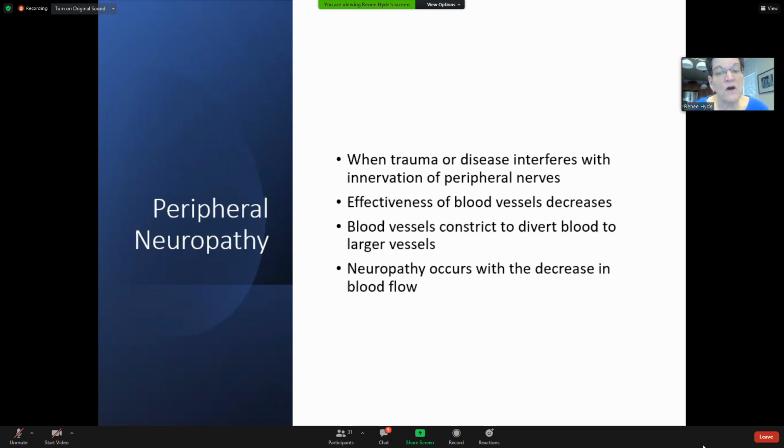Because of that decreased blood flow, they don't get those vitamins. And in fact, some physicians, some endocrinologists, are starting to supplement their diabetic patients with B complex in order to try to reduce or prevent development of peripheral neuropathy.